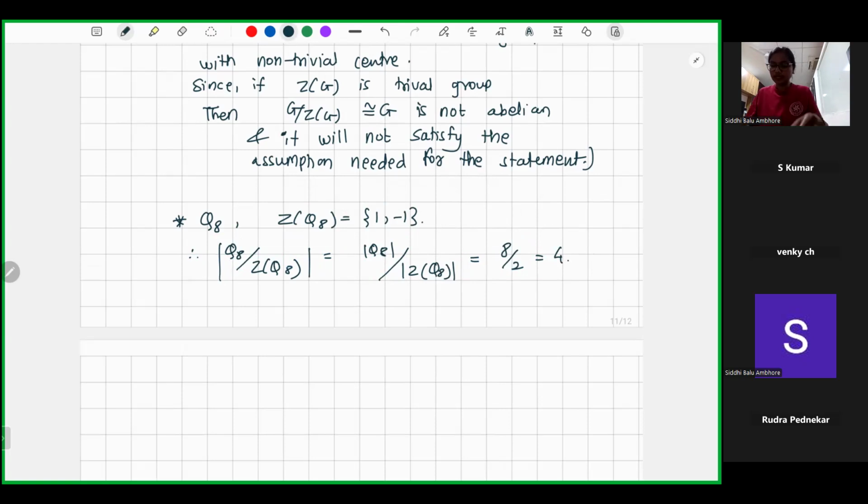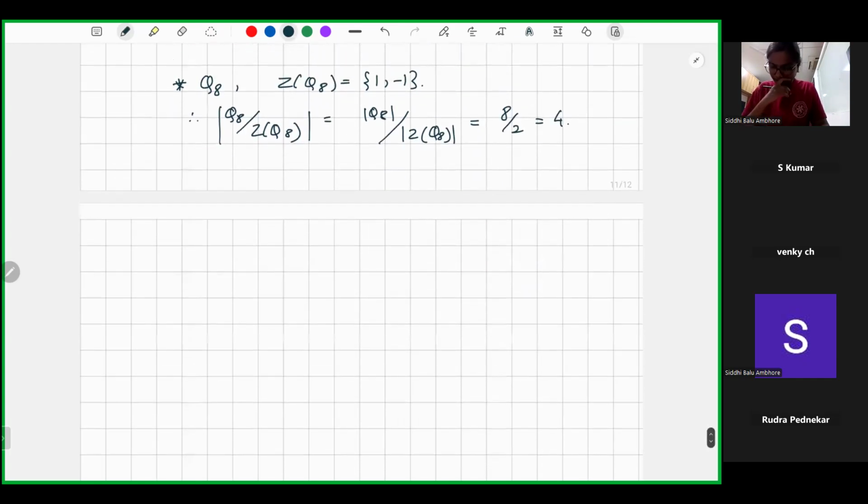Or you want to see how the elements here look? So Q8 mod ZQ8, let us write how the elements here are. Note that I ZQ8 is equal to minus I ZQ8, if you remember, because if I multiply, it will give me 1, which is inside.